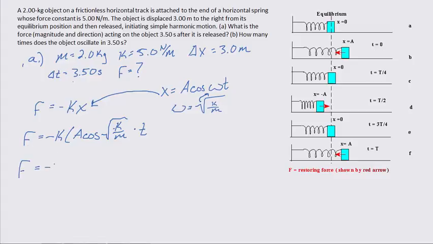Our spring constant was 5 newtons per meter with an amplitude of 3 meters, times the cosine of the square root of our spring constant of 5 divided by our mass of 2 kilograms, multiplied by our time, which was 3.5 seconds.